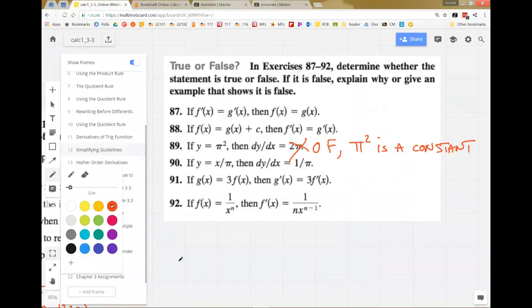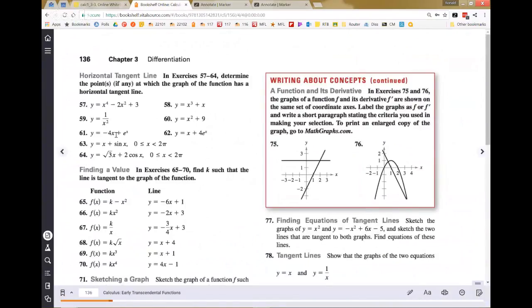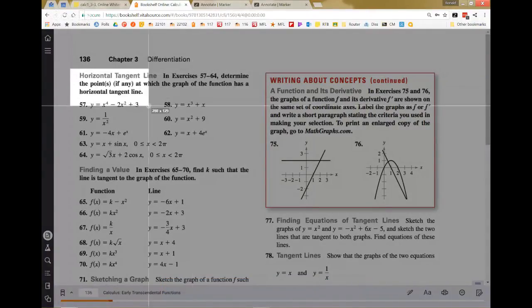57. Let's take a look at 57 next. Number 57. Determine the points, if any, at which the graph of the function has a horizontal tangent line. All right, let me grab this problem again with the directions.